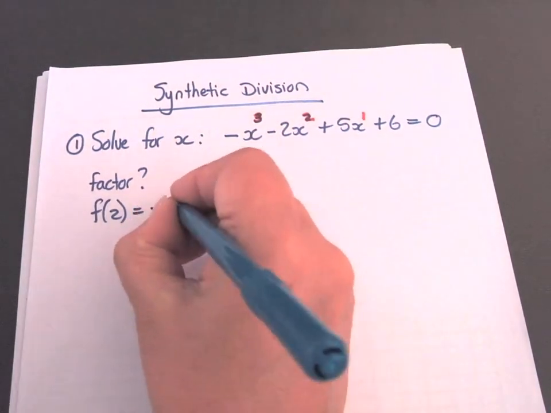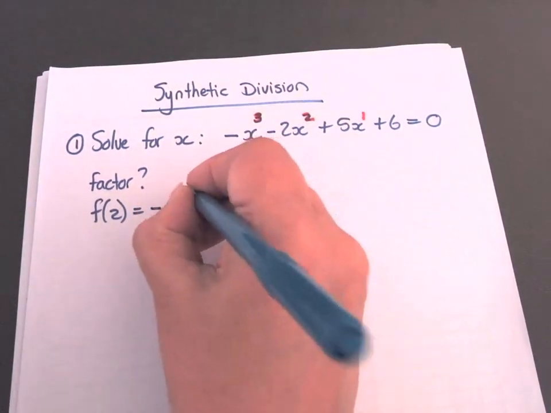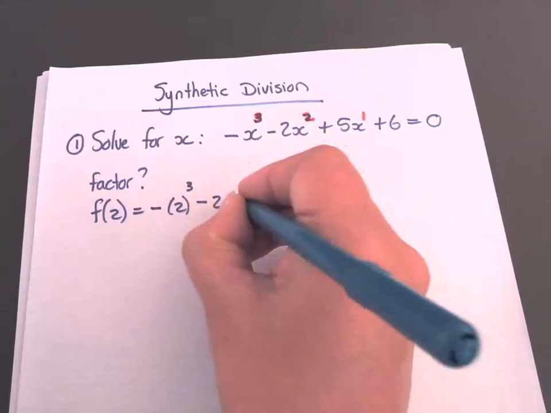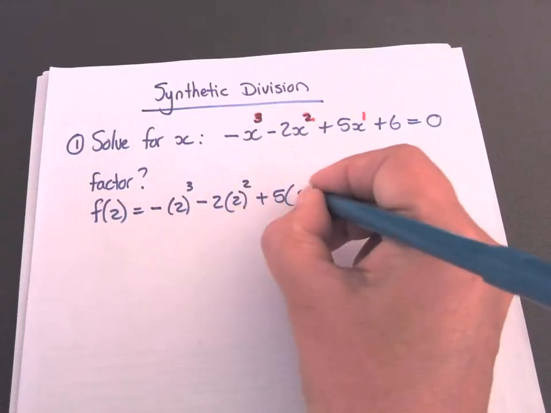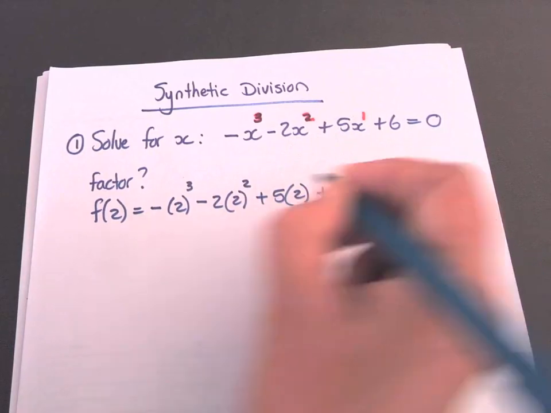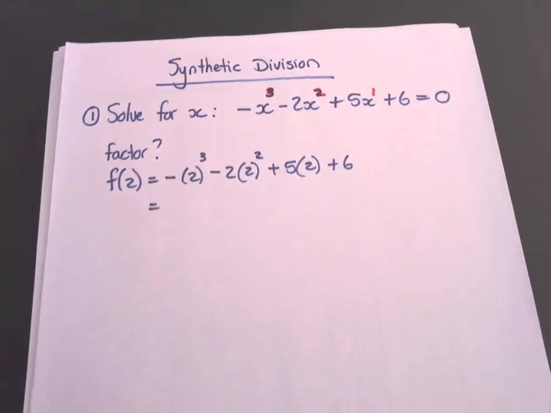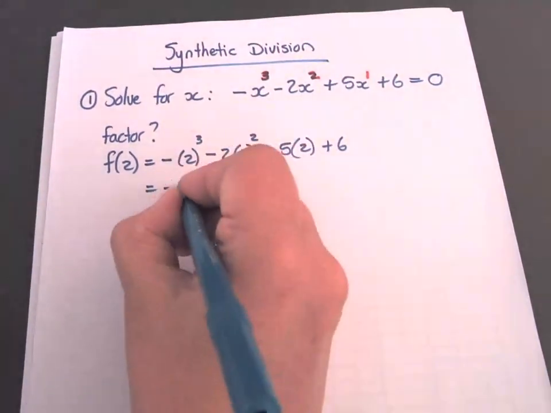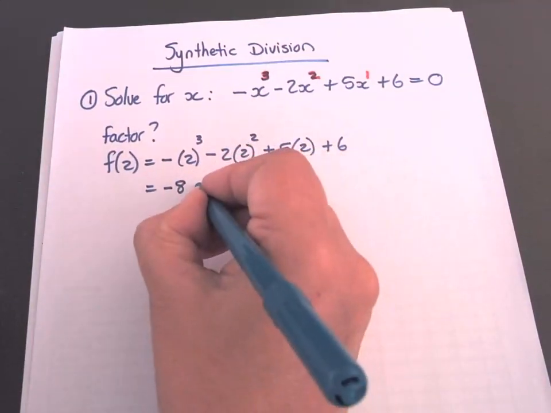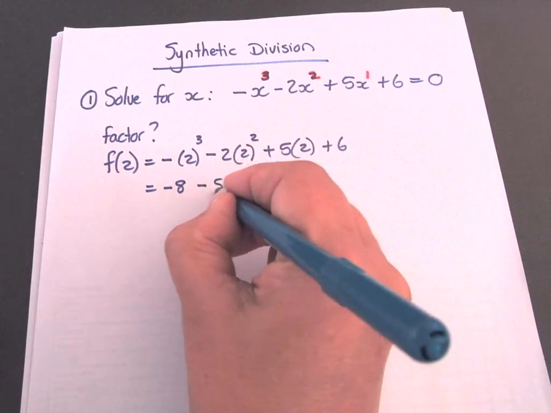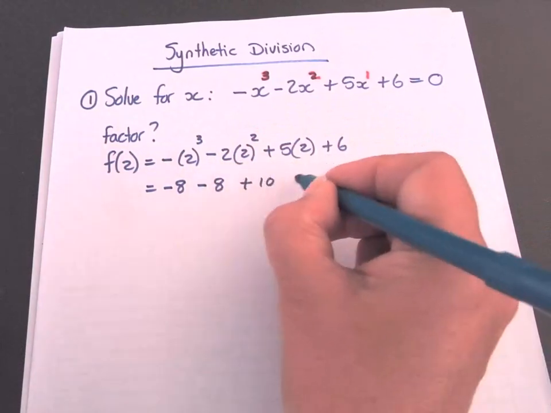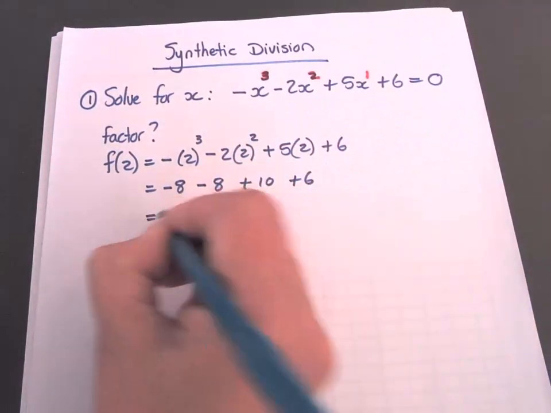So it will be negative 2 to the power of 3 minus 2 times 2 to the power of 2 plus 5 times 2 plus 6. This will be negative 8 minus 2 times 4, which is 8, plus 10 plus 6.